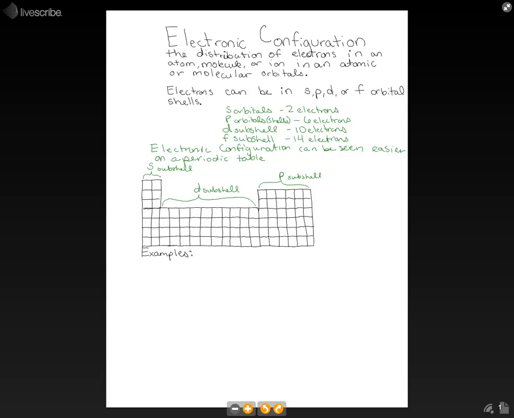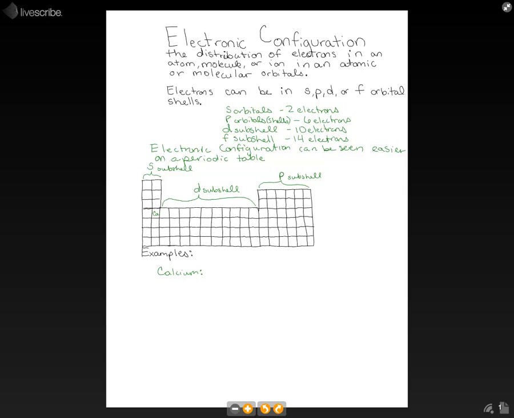So let's go ahead and go through an example writing out electronic configurations, and then as you go through that you might see how our periodic table plays in. So let's go ahead and write out the electronic configuration for calcium. So calcium, if we look at our periodic table, is right here.